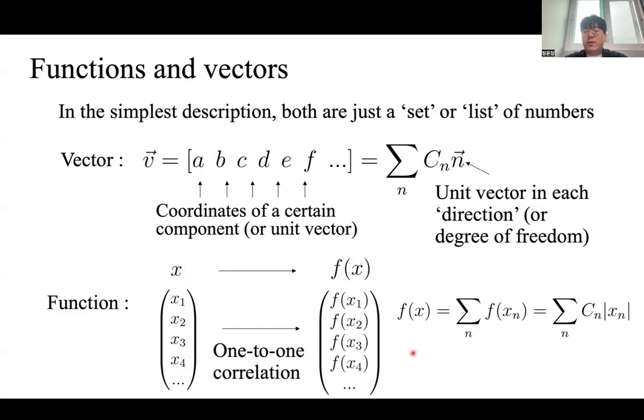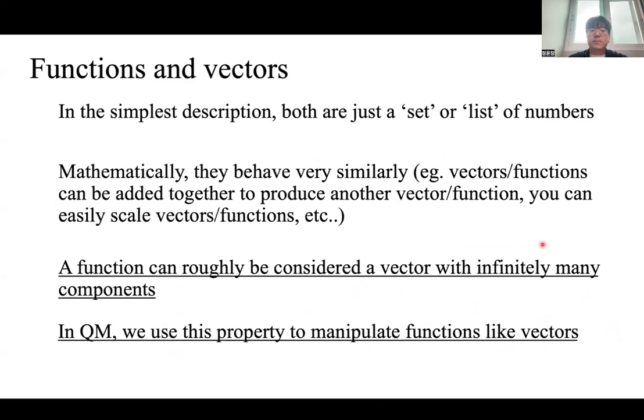So if I write it, then f(x) is equal to a sum of all the f(xn) values here. But I can rewrite this as a certain coefficient times whatever entry I have here. So in a way, this looks really similar to this vector because it's just a set or list of information I have for specific coordinates or specific degrees of freedom.